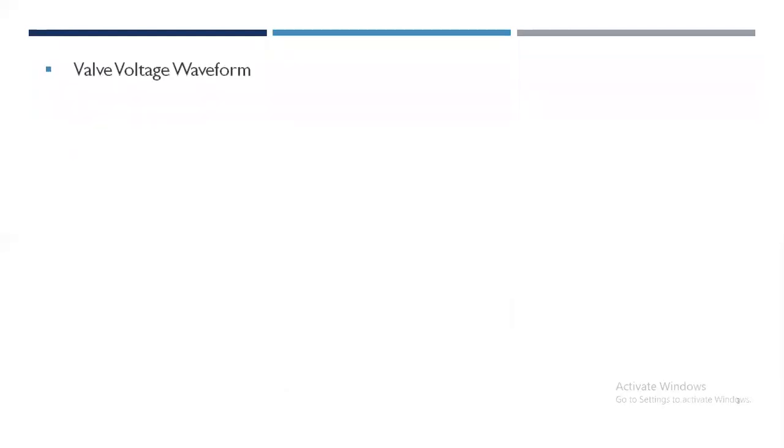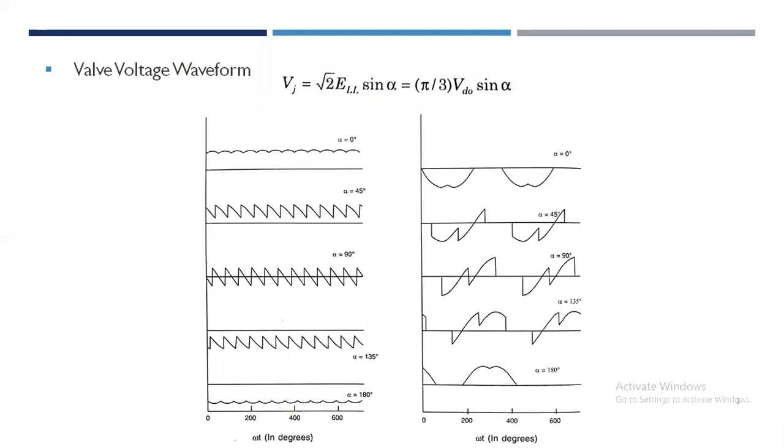Let's see the valve voltage waveform. This figure shows the valve voltages, with the three voltage jumps that arise due to commutation from one valve to the next in the same commutation group.